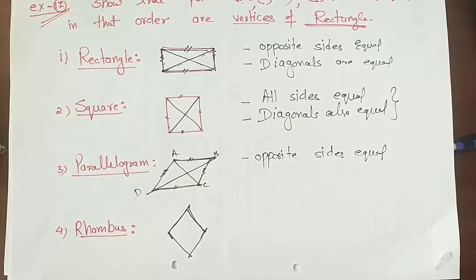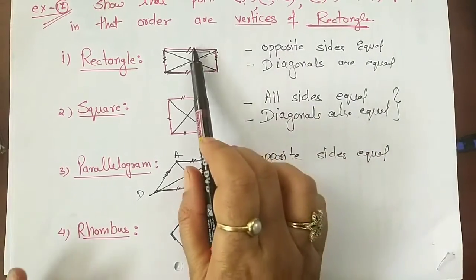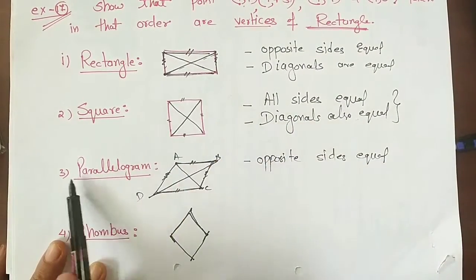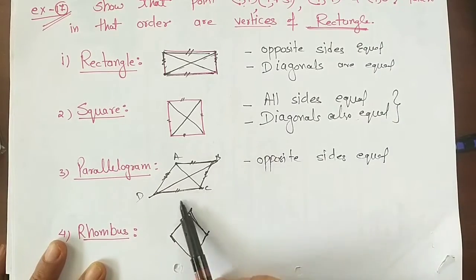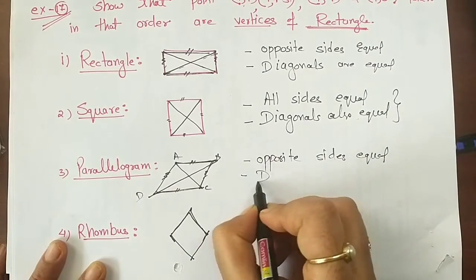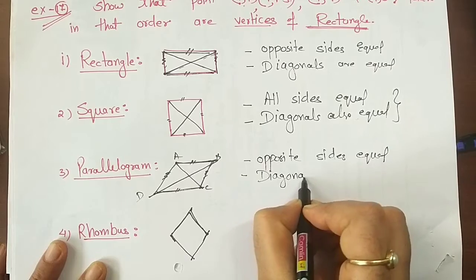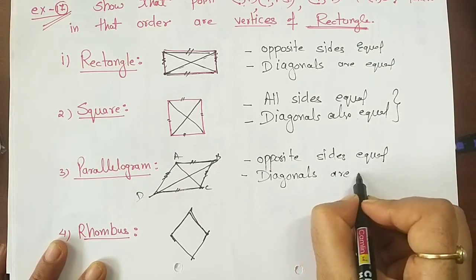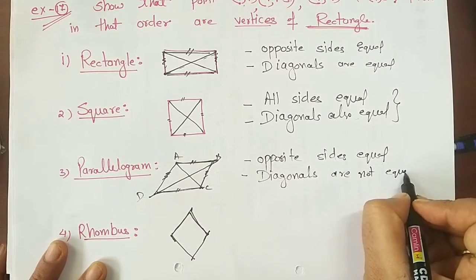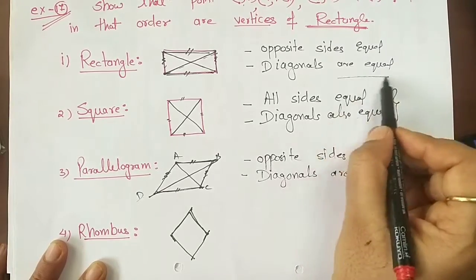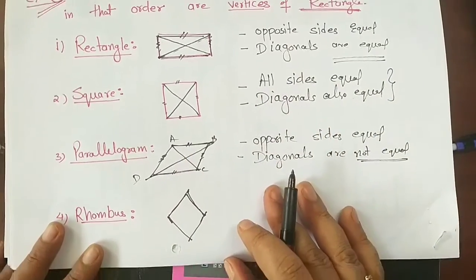So opposite sides are equal in a rectangle also, but in a parallelogram opposite sides are equal but diagonals are not equal. This is the difference between a rectangle and a parallelogram.